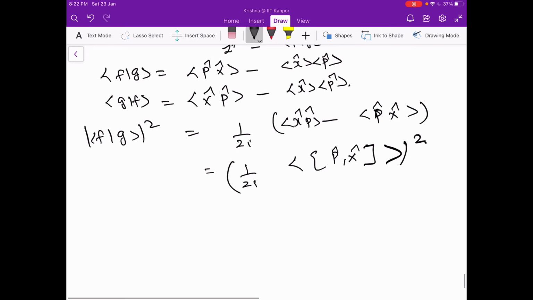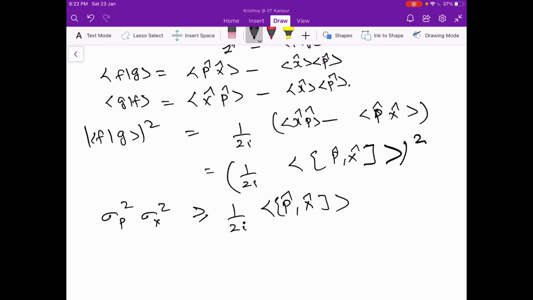So the actual variance in p and the variance in x is greater than or equal to 1 by 2i, the expectation value of the operator square, right?